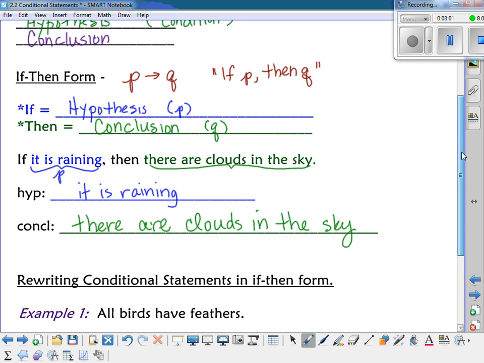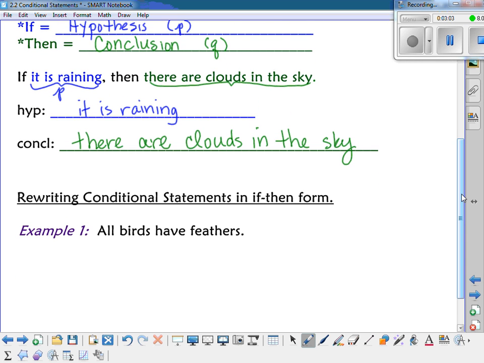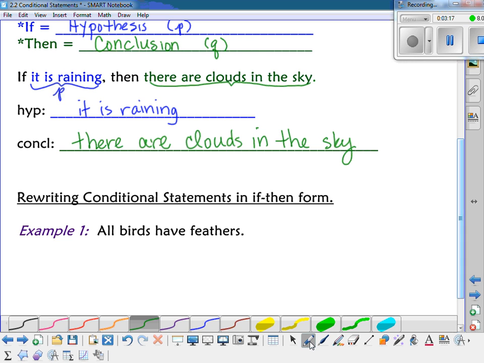Okay. Sometimes you will be given a statement and you will have to rewrite it in if-then form. So for example, 1, all birds have feathers. So if it's a bird, then it has to have feathers. That would be kind of if-then, but we'll make it sound a little better than that.